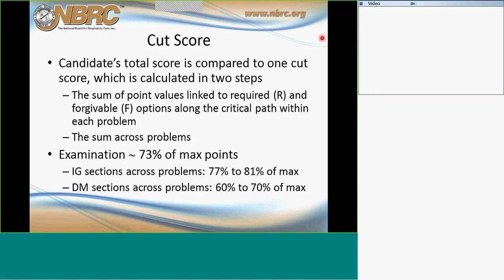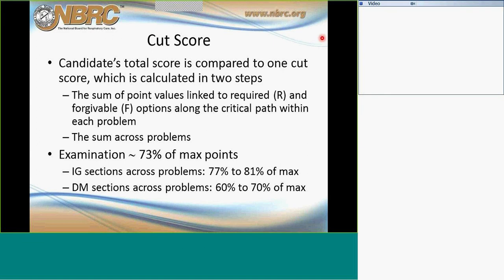Some of the options will be given a label by the examination committee with the letter R to indicate that it's expected to be required of someone who is minimally competent. So it's always in that context of minimal competence that option labeling occurs. There's also options that are labeled as forgivable, and these will have negative scores.